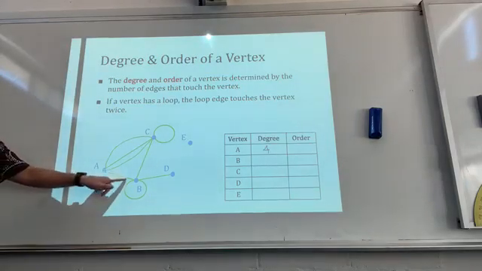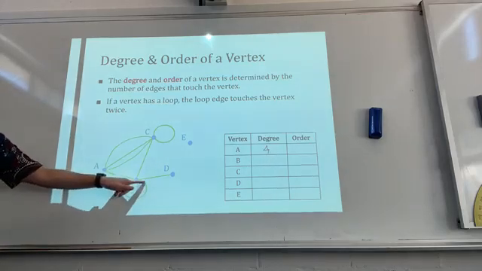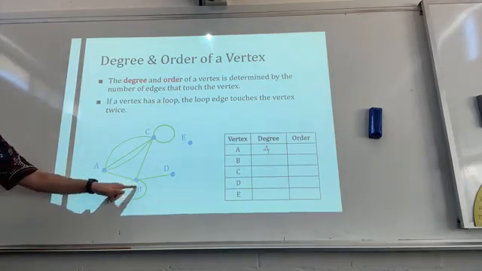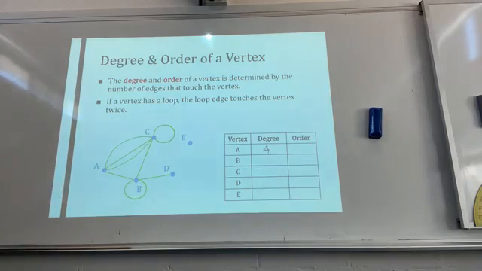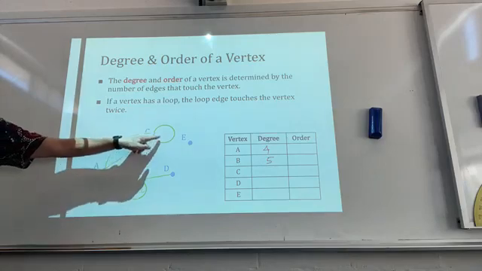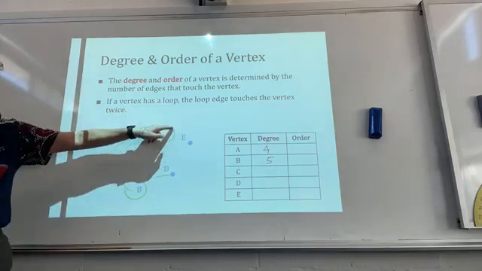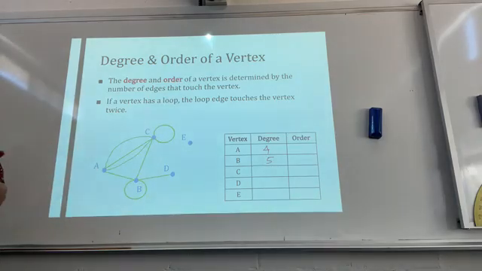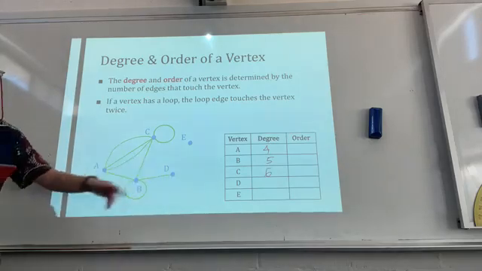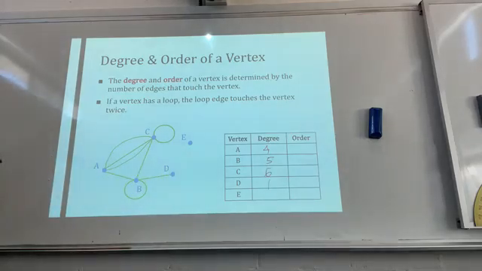B, I've got 1, 2, 3, 4, 5 because the loop itself connects in, so that's 5. C, 1, 2, 3, 4, 5, 6. There are 2 edges, there's a loop. So you consider 2 going in, so that's 6. And D, 1. And then E, there's none.